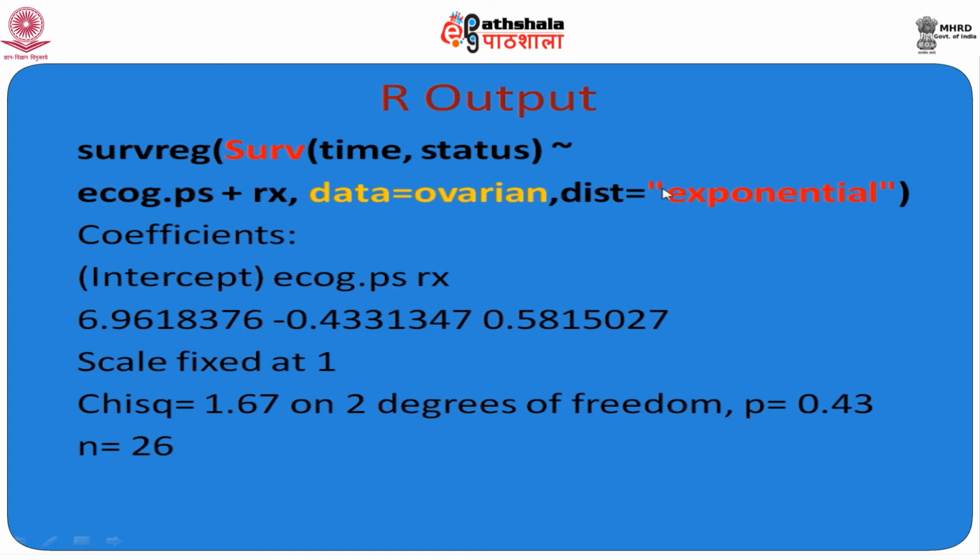Here we considered the exponential distribution and considered factors like ECOG.PS and Rx, and as a result it is found that treatments do not have a significant difference in survival considerations, but however cyclic differences are observed through different time points through our survival graphs.